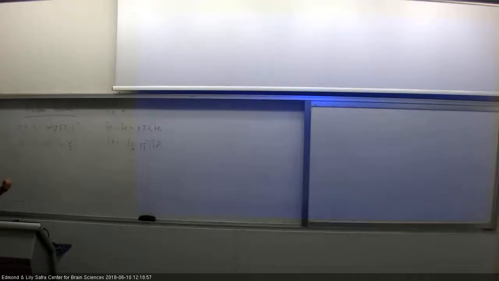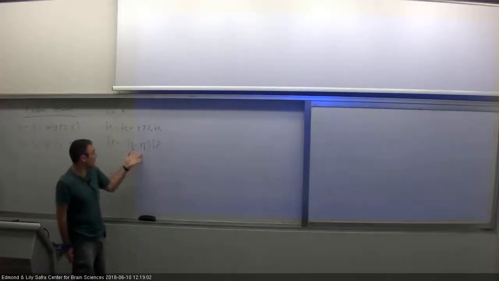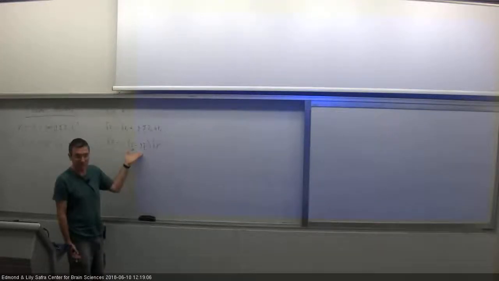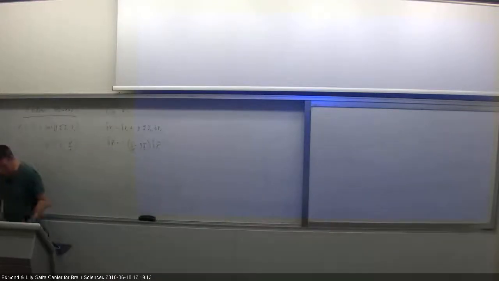So the question that we are interested in is what will be the distribution? So in general, we cannot compute the eigenvalues of J because J is a stochastic matrix. But maybe we can say something about the distribution of eigenvalues.